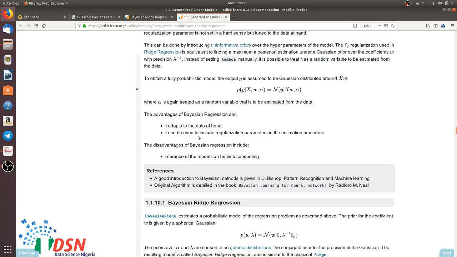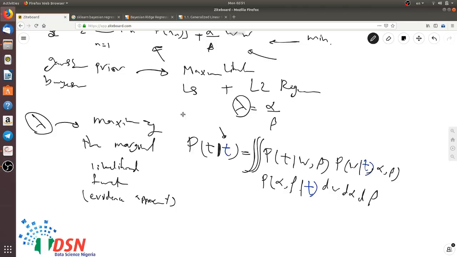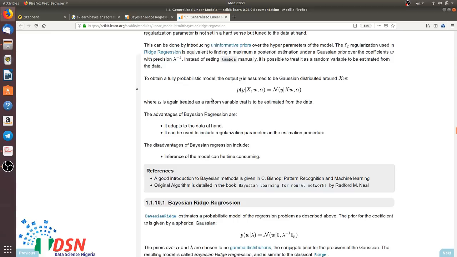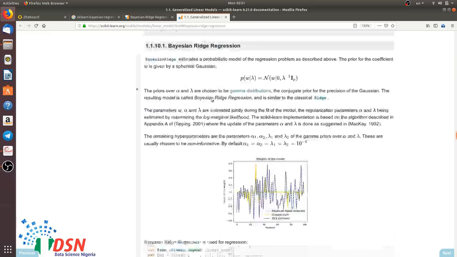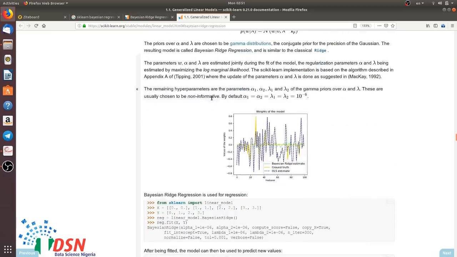But the disadvantage is that at inference time, because we don't have a single point estimate, it is a little time consuming, since we should calculate this value, which may be computationally expensive. But for a not very large model, it is a great idea to use the Bayesian approach.